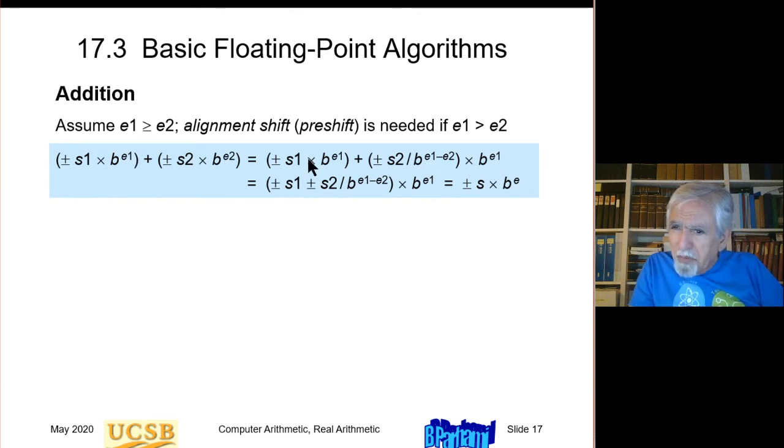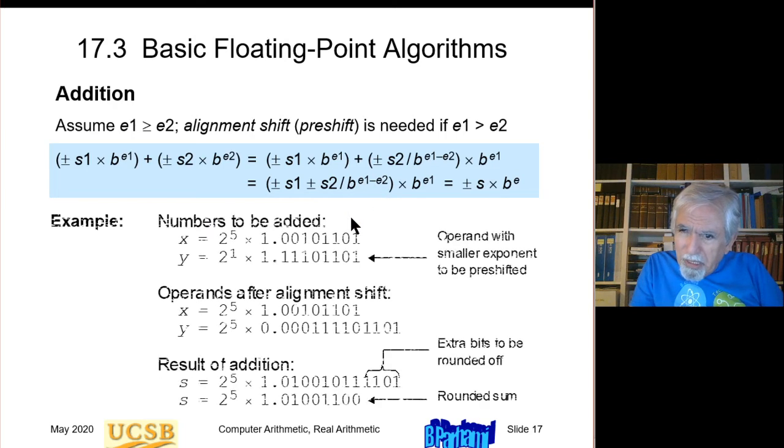When the two exponents are equal, you take that to be the exponent of the result, and the significand of the result is given by this expression: the significand of the first number with the larger exponent, plus or minus, depending on the signs of the two numbers, the significand of the second number right-shifted by the difference between E1 and E2.